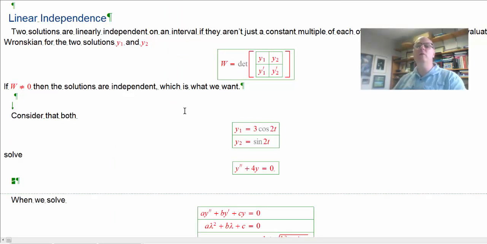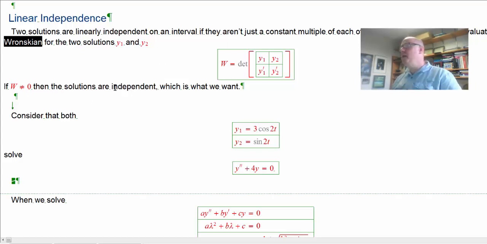How do we test for linear independence in this course? We use the Wronskian. The Wronskian is a way to test for linear dependence or independence of two solutions. If the Wronskian is not equal to 0, then the solutions are independent.